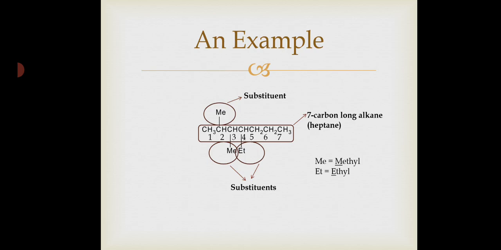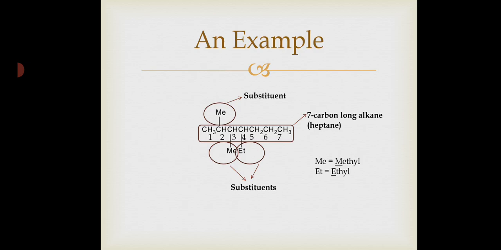Now we have to look into the positions. Which is the position for ethyl? It is 4. And the 2 methyls occupy positions 2 and 3 respectively. Since there are 2 methyl groups, we have to use the prefix di in front of the name methyl.